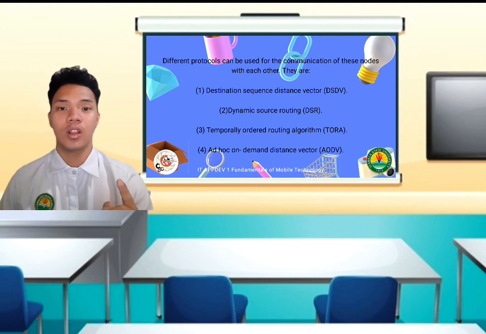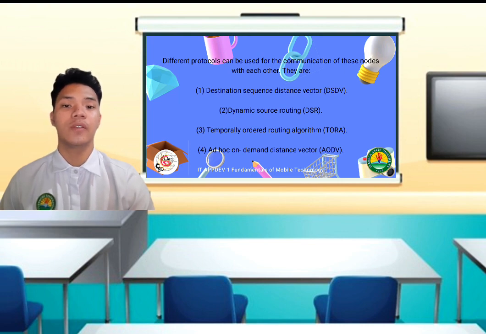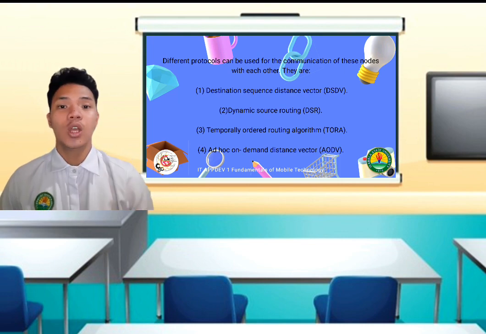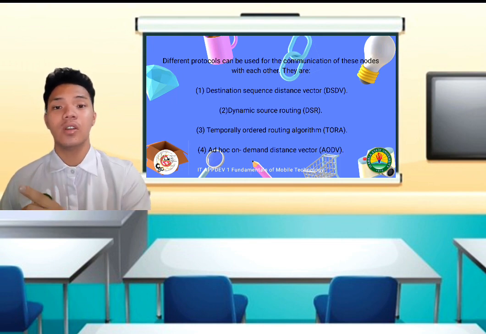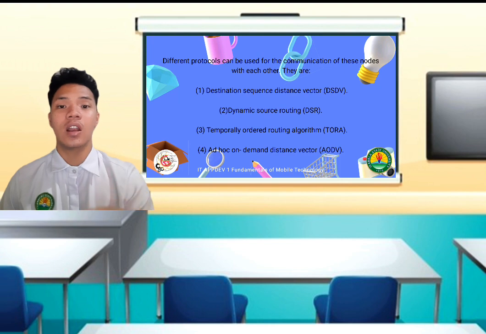For example, in a military operation where troops are deployed in a remote area, DSR can be employed to establish communication between soldiers equipped with portable devices. When a soldier needs to send a message to a specific location, DSR allows them to dynamically discover and utilize routes by including routing information in the packet header.